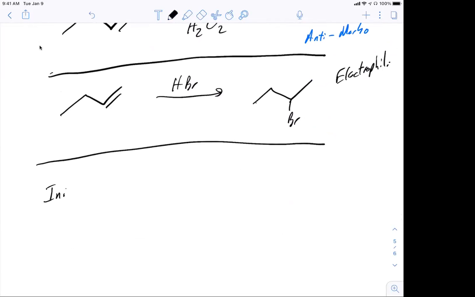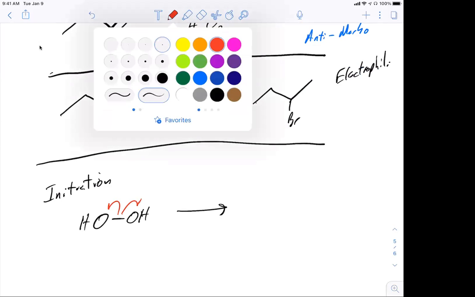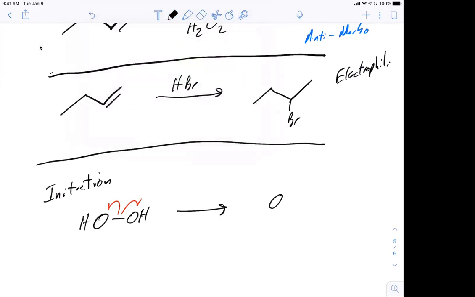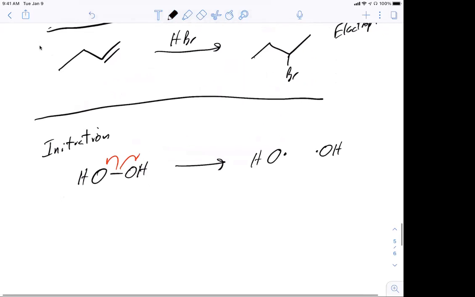So again, we start with initiation when we're looking at radical reactions. So we get half-barbed arrows. That gets a homolytic cleavage to give us the radical. Then that radical reactant, the hydroxide reactant, reacts with the HBr.